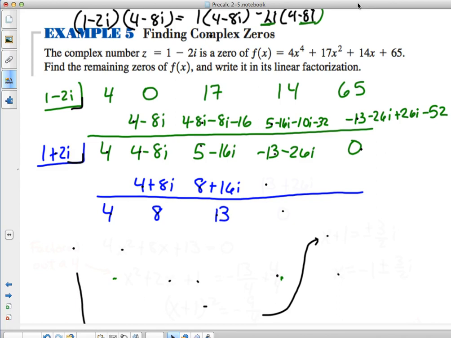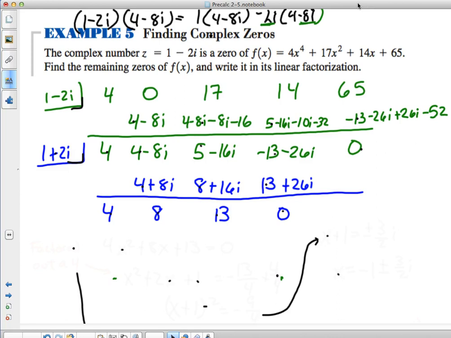Now I got 13 times 1 plus 2i, which is 13 plus 26i. And again, my 26i's are taken care of, and my 13 is as well, because that's a 0. And to be truthful, when we're using complex values, the first one is always the more difficult of the two. That one just tripped out really quick when we did it. So know that the first part is some work.